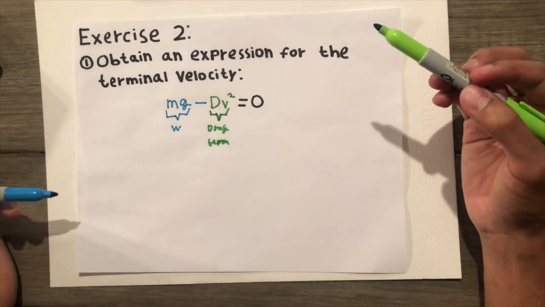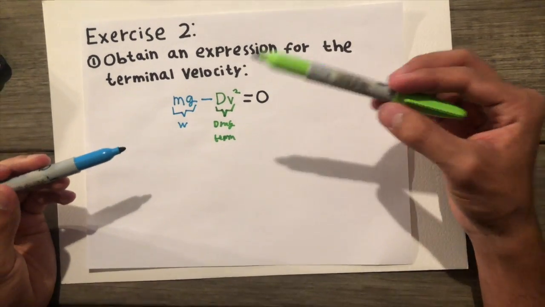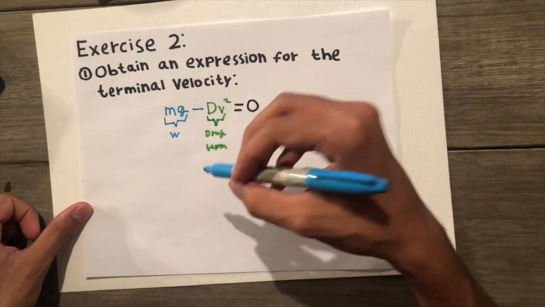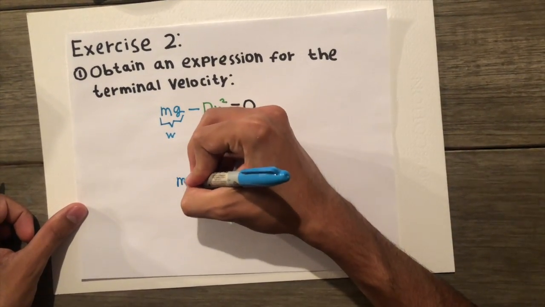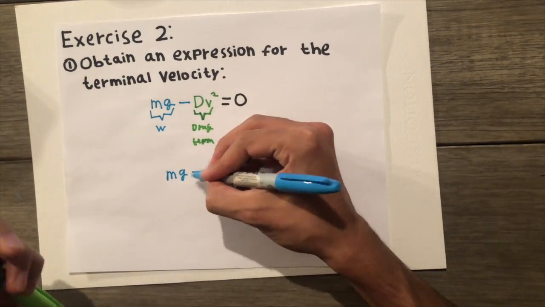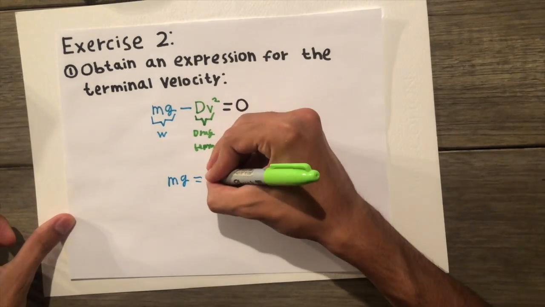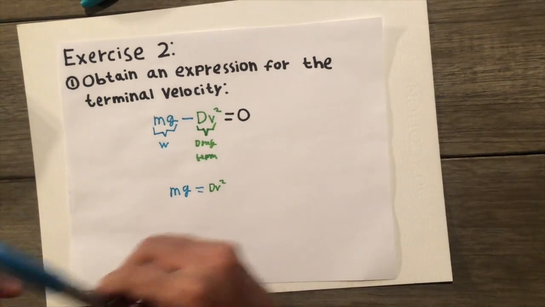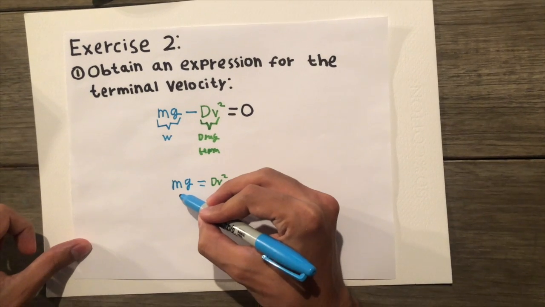So the first thing that we need to do to obtain the terminal velocity is pass the drag term to the right. So now we have mass times gravity equals the drag term. Now we pass the constant d dividing to the left.